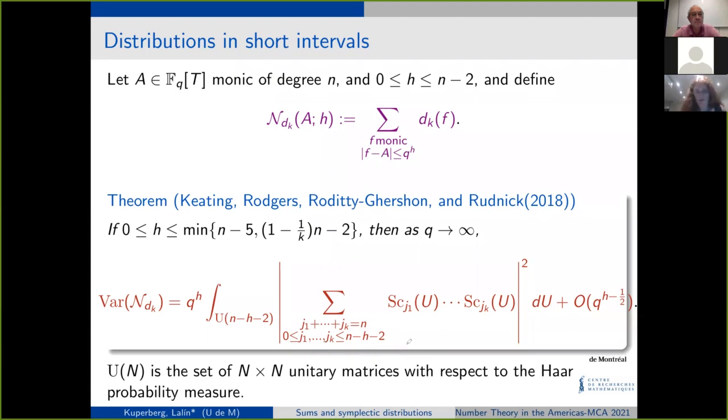So this is a result that they got for this problem.